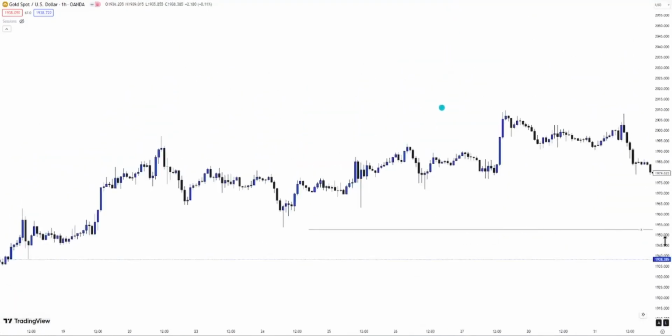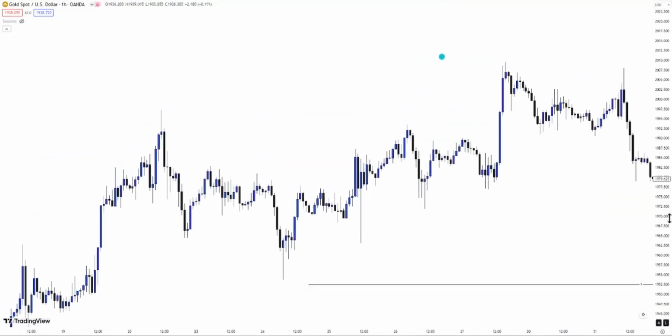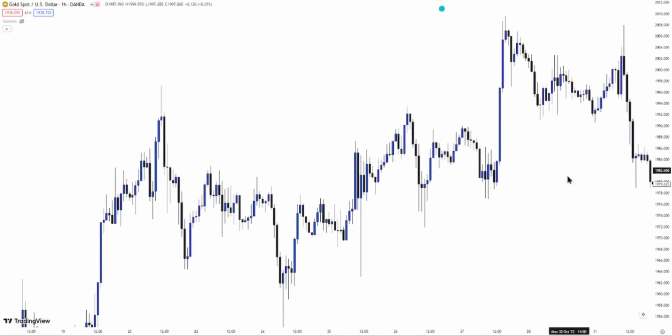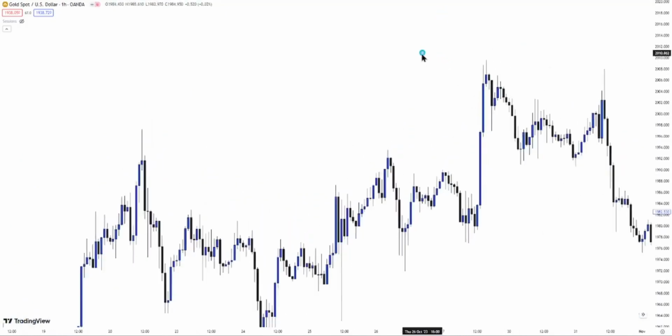So this is your 1 hour time frame. Remember, I think this is the high. Anyway, this is your 1 hour time frame, and we have this high here.